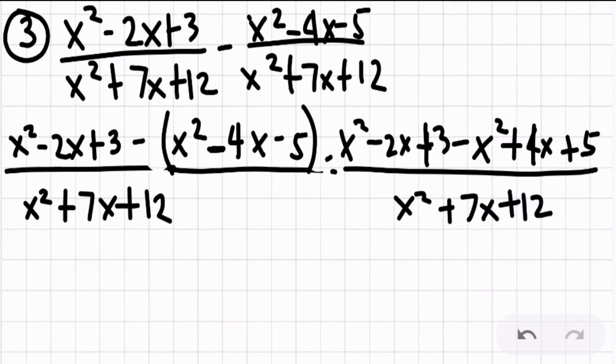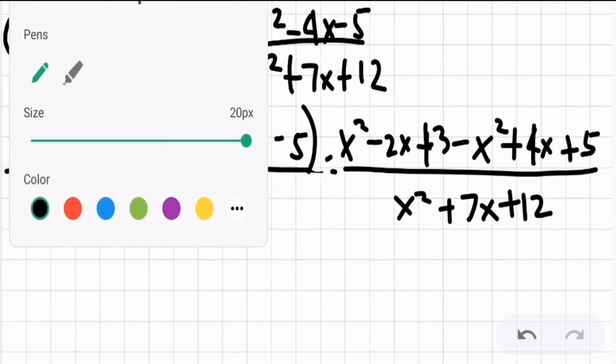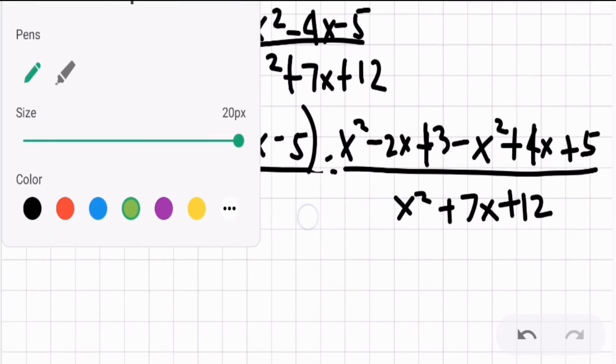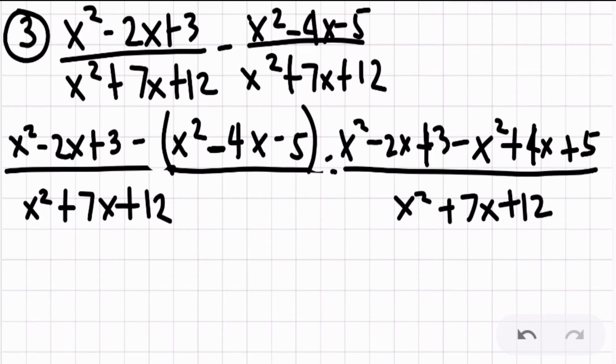So this time, let's simplify this numerator. So we will have x squared minus x squared, that will give us 0. So it will be cancelled out.